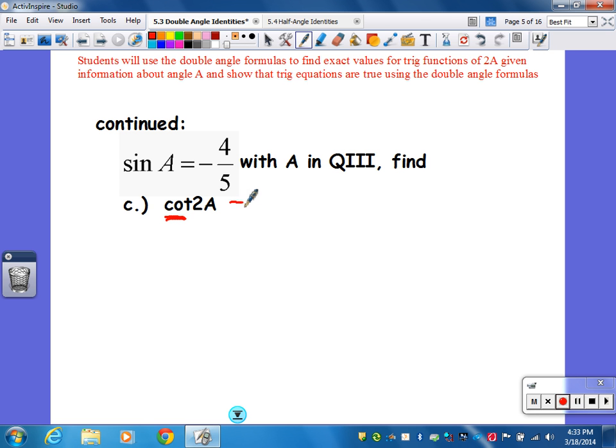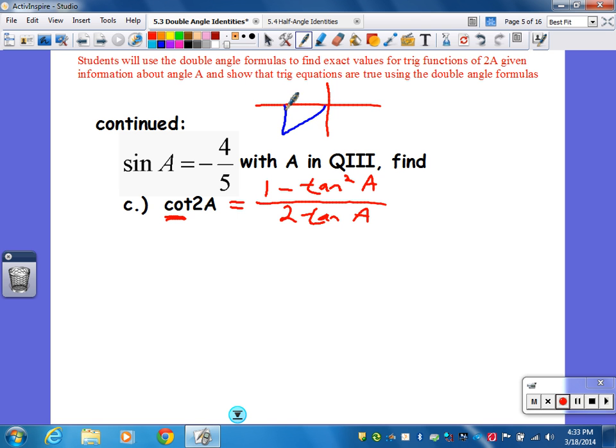So cotangent 2A is equal to 1 minus tangent squared A all over 2 times tangent A. Well, from before, we know that we have our triangle in quadrant 3. Our sides are negative 4, negative 3, and then 5.